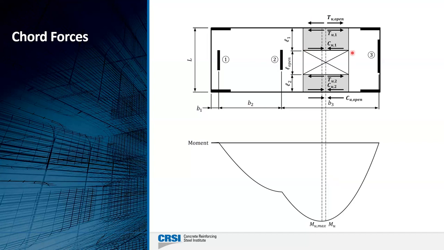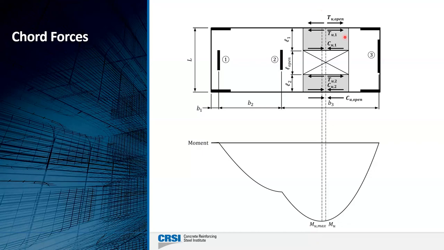It's only when you have a fairly large opening like illustrated here that we have to look at additional reinforcement. These gray areas we typically define as subdiaphragms. Those subdiaphragms will also have tension and compression. To find out how much chord reinforcement we need, we look at the overall diaphragm and calculate it just like we did in the previous slide.